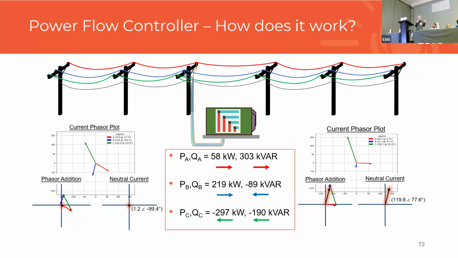You can see that it's pulling most of that power from B phase and a little bit of power from A phase. So what that looks like is your A phase got a little bit heavier, your B phase got a lot heavier, and your C phase got lighter. So it is balancing out the power flow in each of those by exchanging power between the phases. And that power exchange is happening based upon that zero sequence current injection.